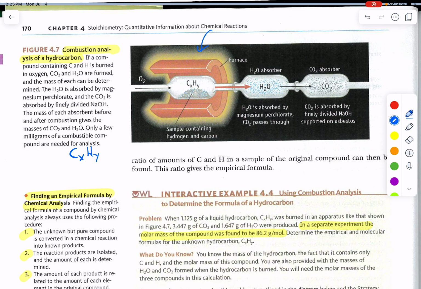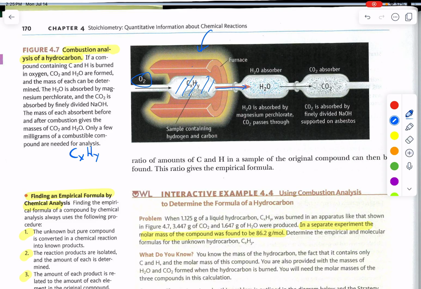And then, of course, we'd be able to determine its structure at the very end of the entire process. So we have CxHy. We put it into this furnace, and we heat it up until it turns into a vapor, and then we use oxygen gas under pressure to chemically react inside this chamber here with our CxHy, and then it comes out the right, and it enters the first chamber.